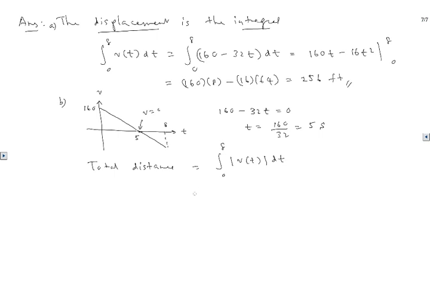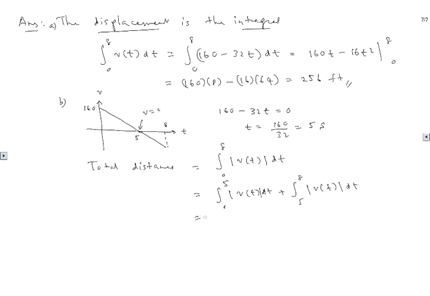That means you can split the integral between 0 to 5, one integral, and then 5 to 8, another integral. Good.